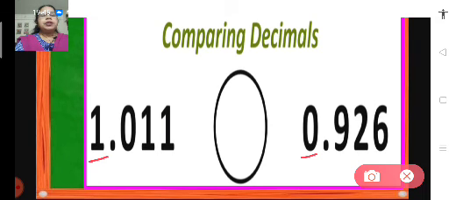By looking at these numbers, we can see that in this number it's 1 and here it is 0. That means the digit to the left of the decimal point. So obviously 1 is greater than 0. So this number is greater than this one.